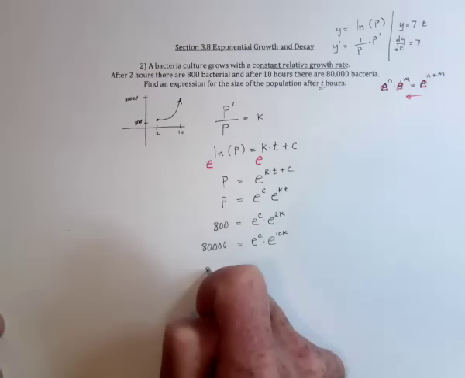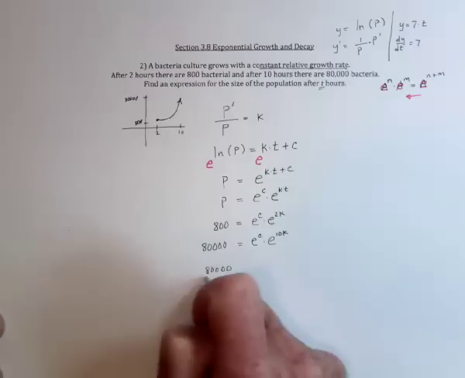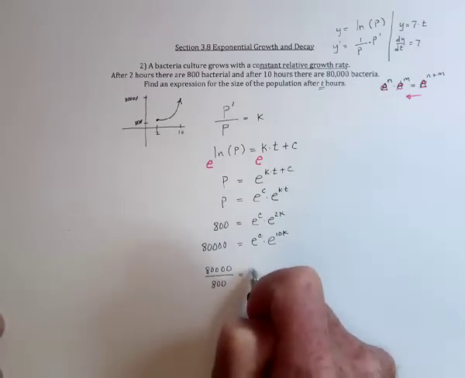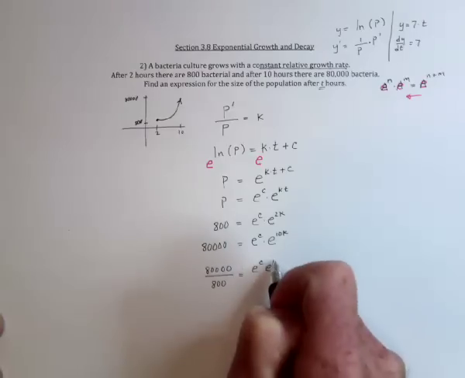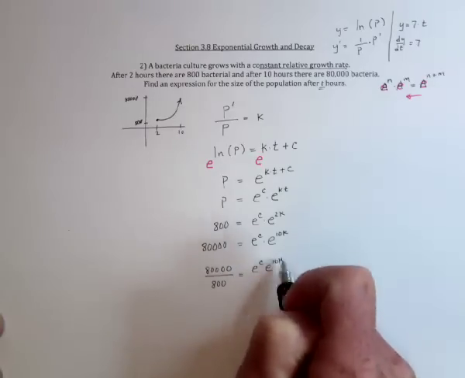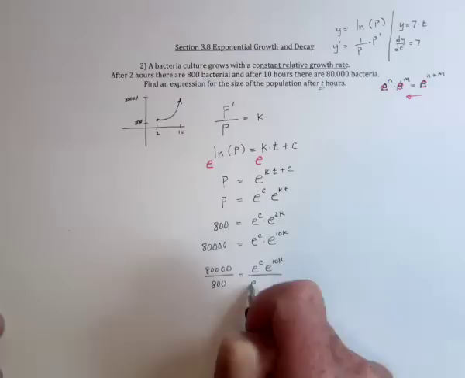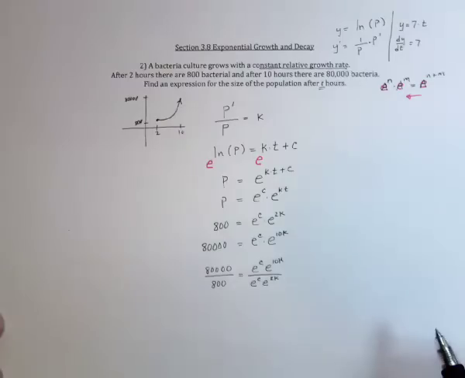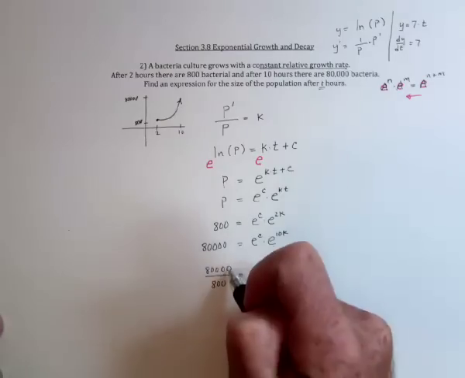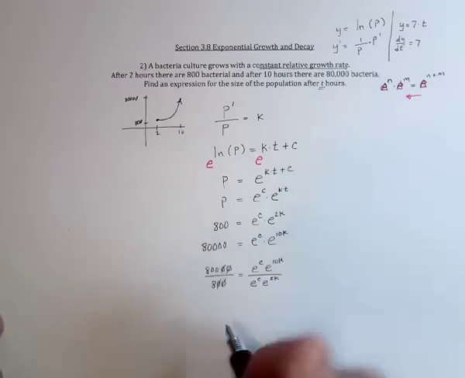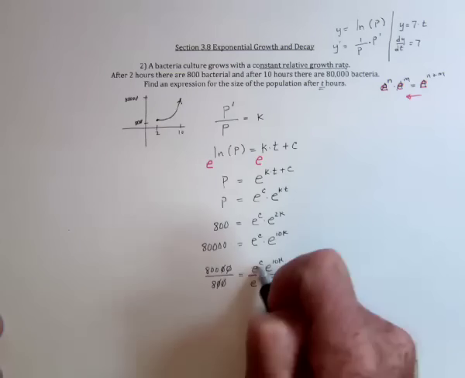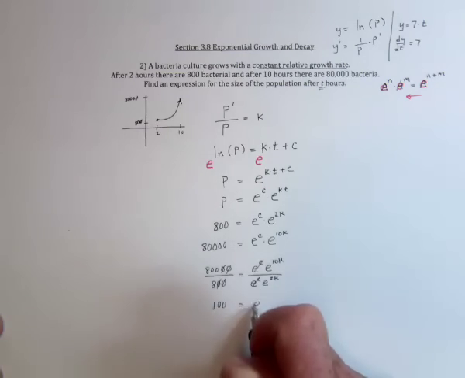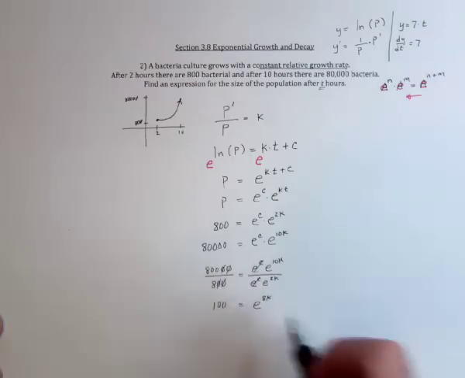So if I took 80,000 divided by 800 for the left sides, then take e to the c and e to the 10k and divide it by e to the c and e to the 2k, we would get 100 equals e to the 8k.